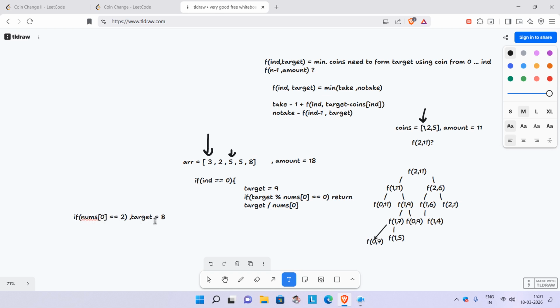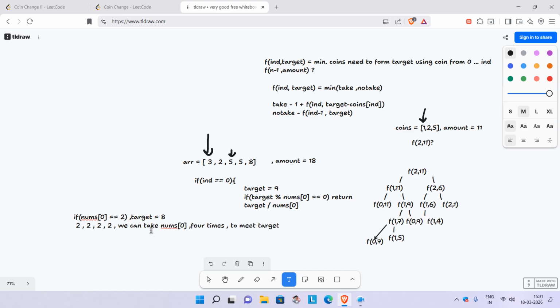We can take this 2 multiple times: 2, then 2, then 2, then 2. So we can take nums[0] 4 times to meet the target. So this is possible here.